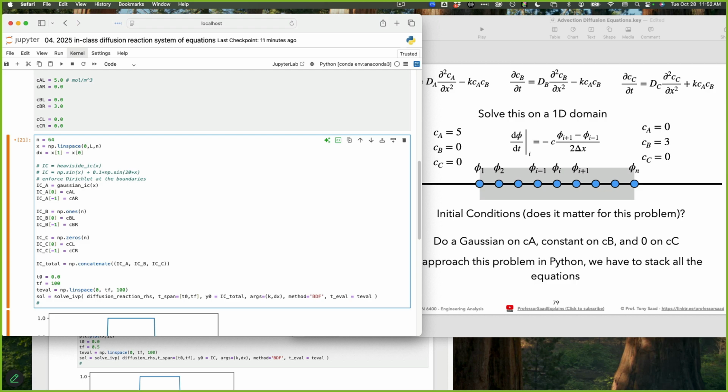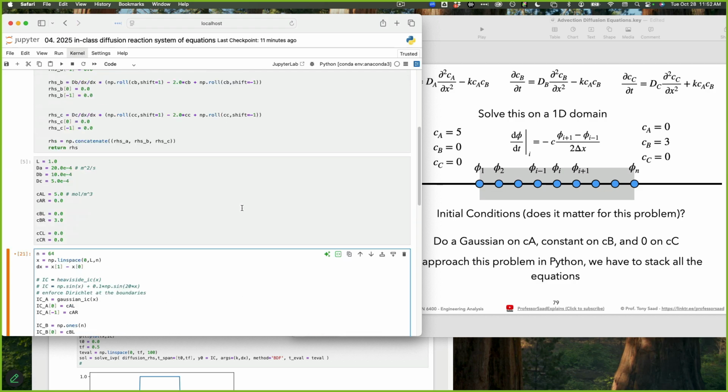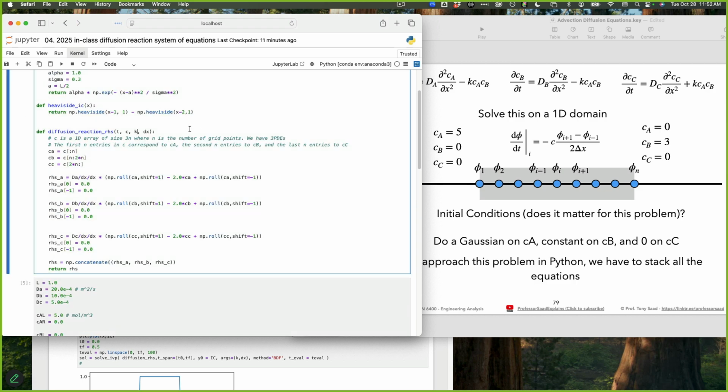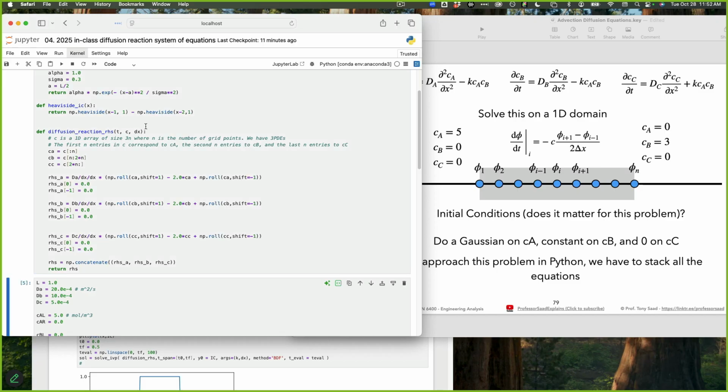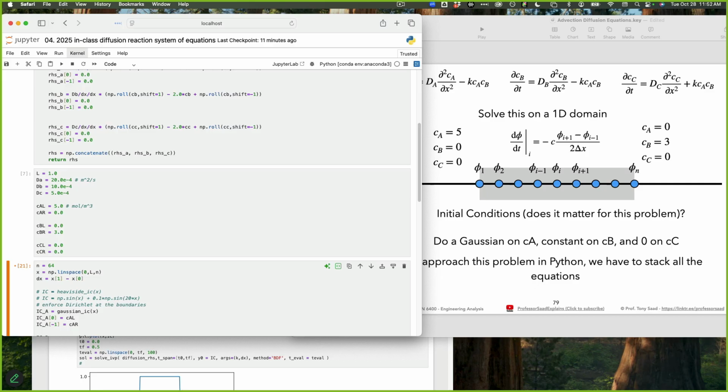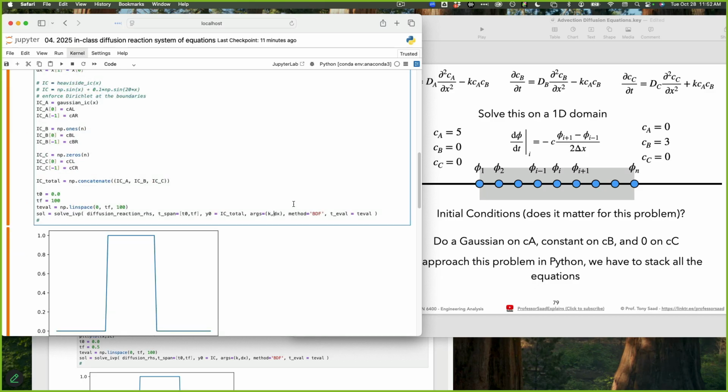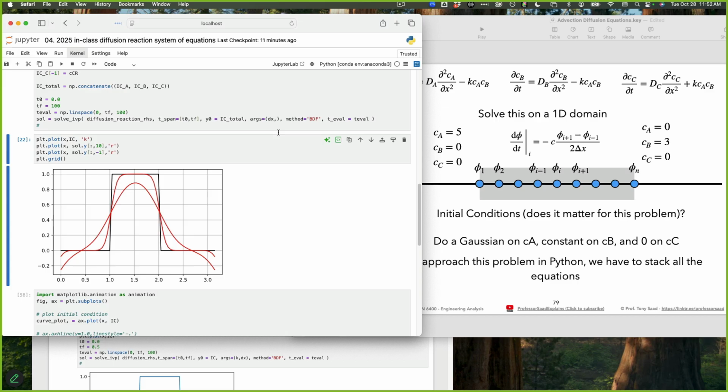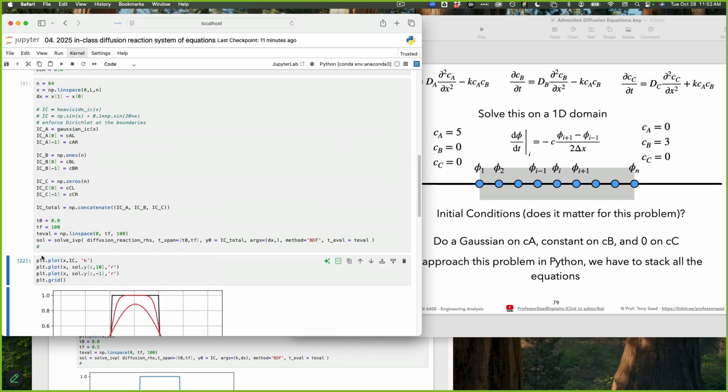I don't need a diffusion coefficient here. You could pass it, but I'm not going to, because I declared it globally. So I'll just put dx, and we will use a BDF method because this is pure diffusion, so it's likely to be stiff. And wow, we solved it, no errors.